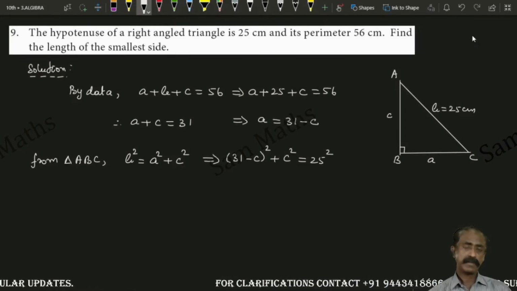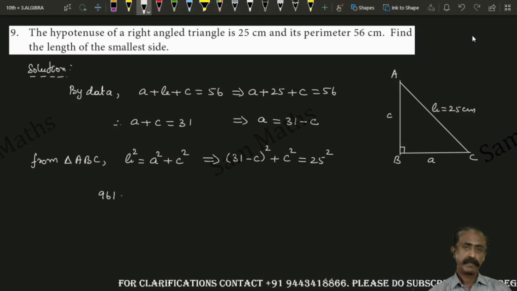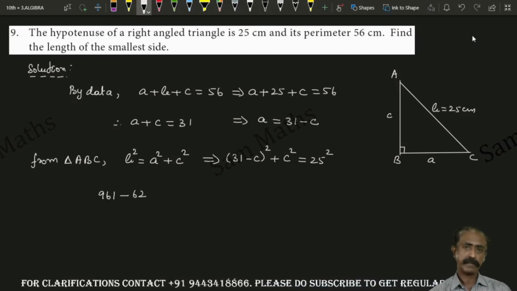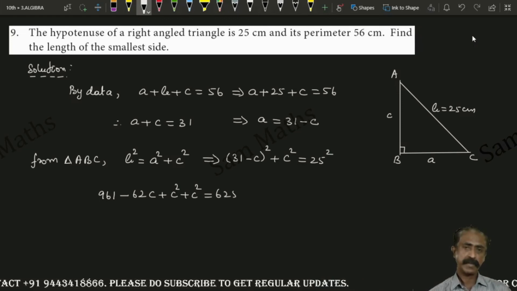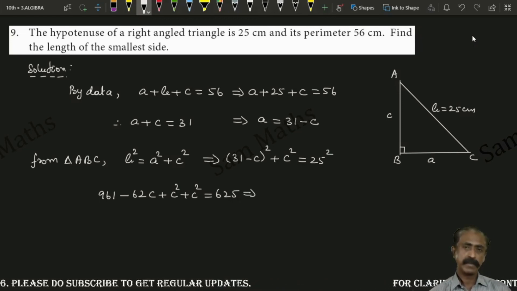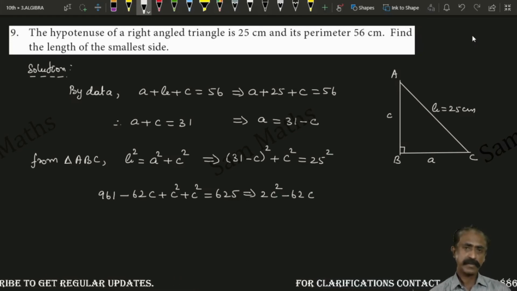So 31 square, that is 961, minus 2 into 31 into c, that is 62c, plus c square equal to 625. This we can simplify, which implies 2c square minus 62c.